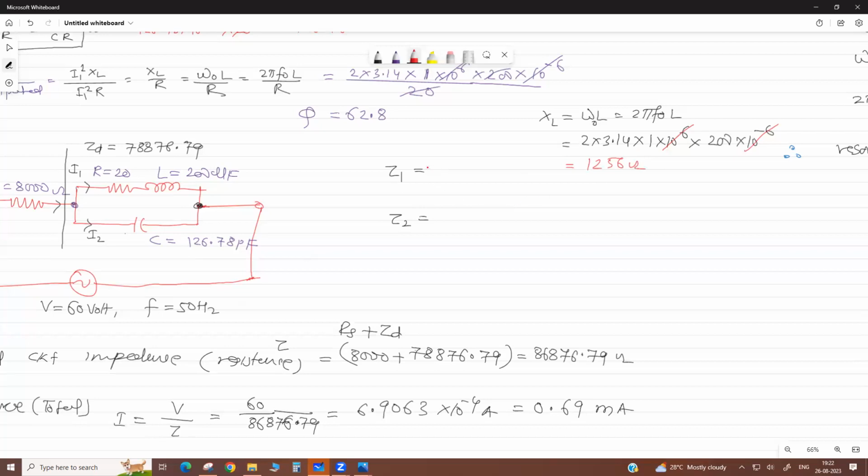Then Z1 equals R plus jXL, or the magnitude is root of R square plus XL square. What is your Z1? R is 20 square plus XL is 1256 square, root.